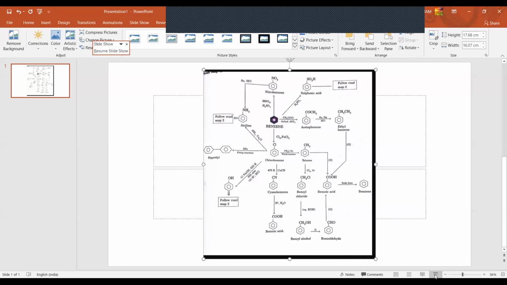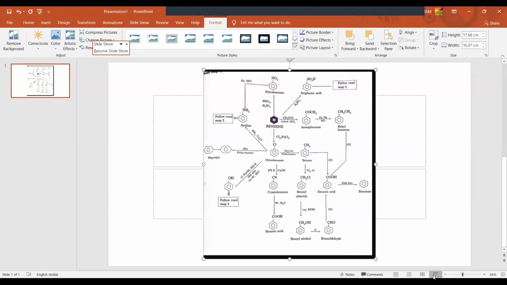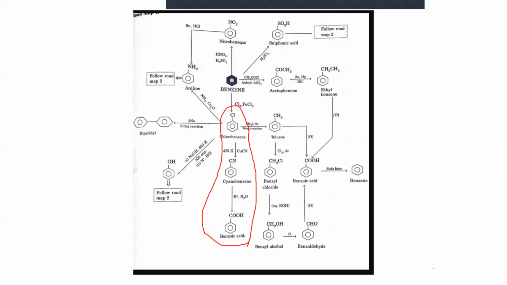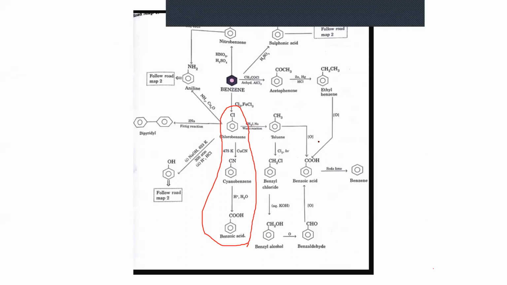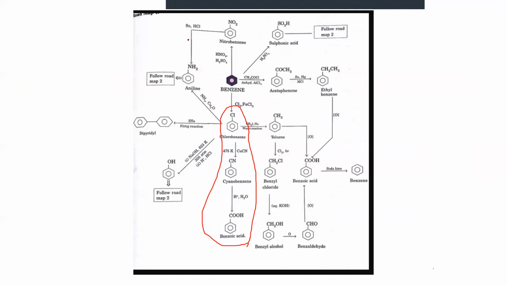Next, we will discuss the third conversion. Again we will see the chart. When you see the conversion chart, the next conversion we can do is chlorobenzene to benzyl alcohol.